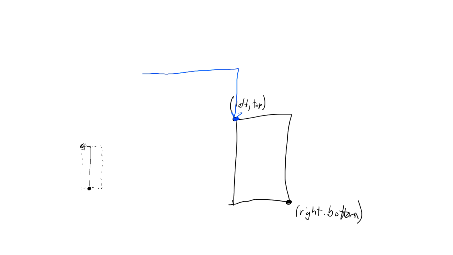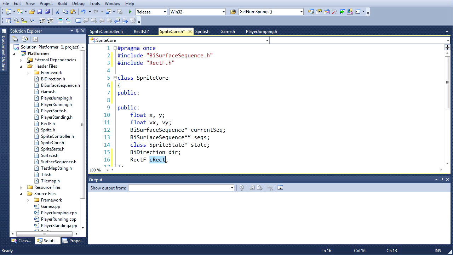To find the top left corner to draw the surface at, our surface sequence would take the point of the sprite and add to it the offset, or whatever you called it. I forget what you called it. I could look it up. Where is it again? Surface sequence.